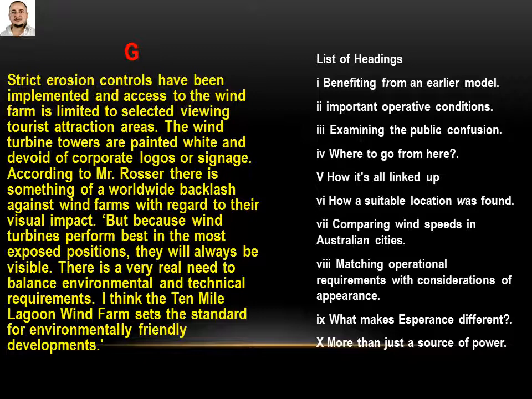So let's go back to it. Strict erosion controls have been implemented and access to the wind farm is limited to selected viewing tourist attraction areas. That means it's one of the requirements, which means number 8, matching operational requirements with considerations of appearance.